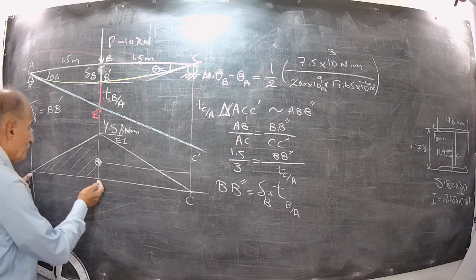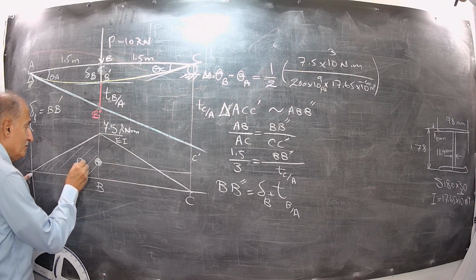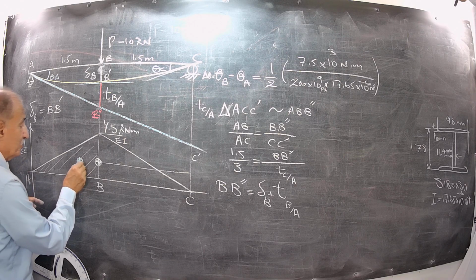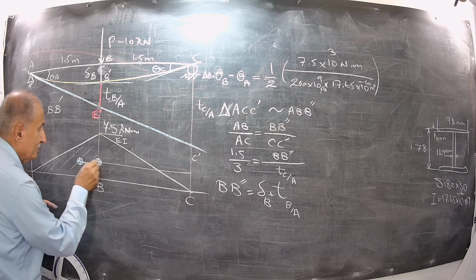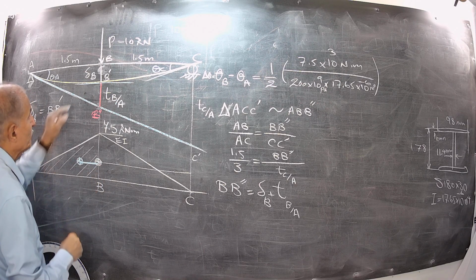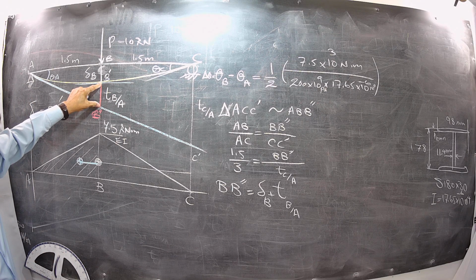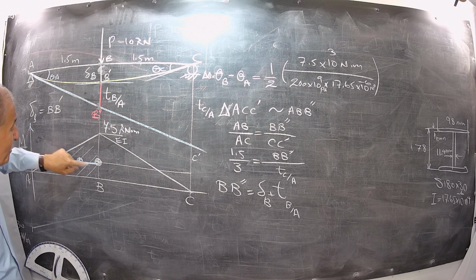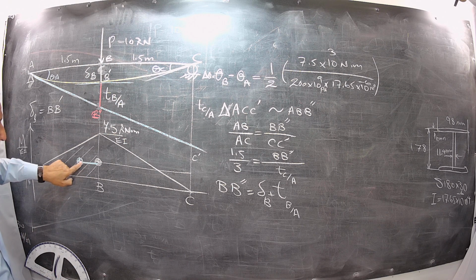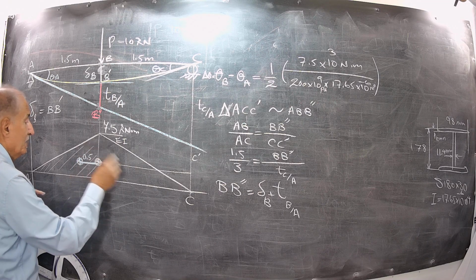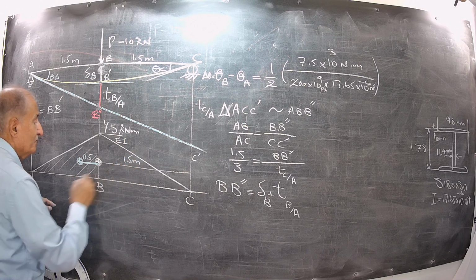TBA is the moment of the area between A and B with respect to B, because we wanted to find the deviation of B with respect to A. For the deviation of B, you must take the moment about point B. This distance is 1.5 divided by 3, half, and this is 1 meter.